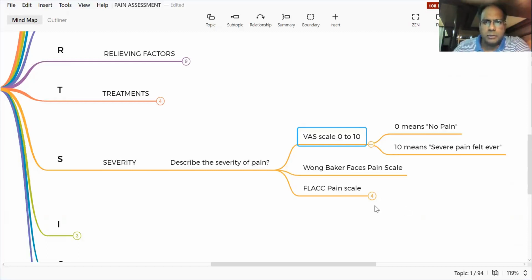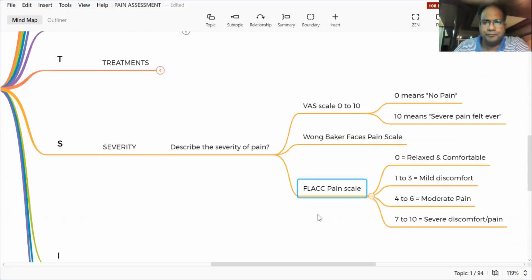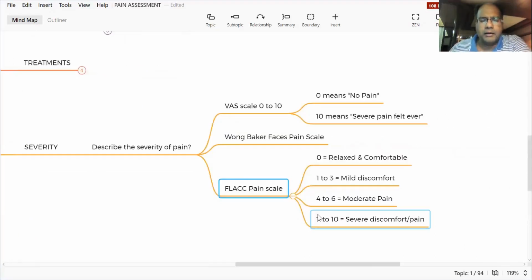This scale also has a particular grading system. There are 3 scores, 0, 1, 2, for each division: the face, leg, activity, cry, and consolability.